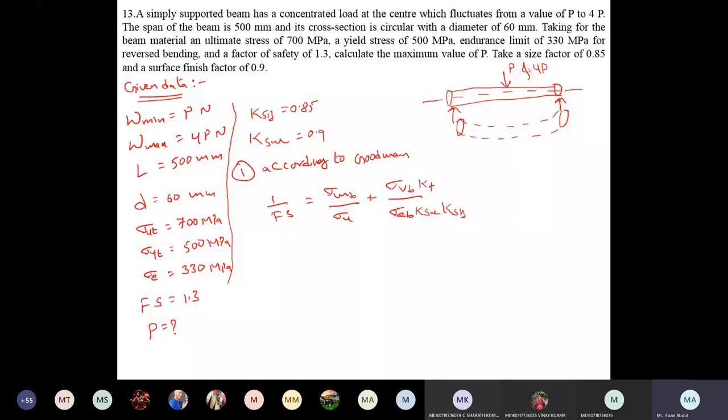Same procedure. First we need to calculate the mean bending stress. Mean bending stress is equal to bending moment by section modulus.